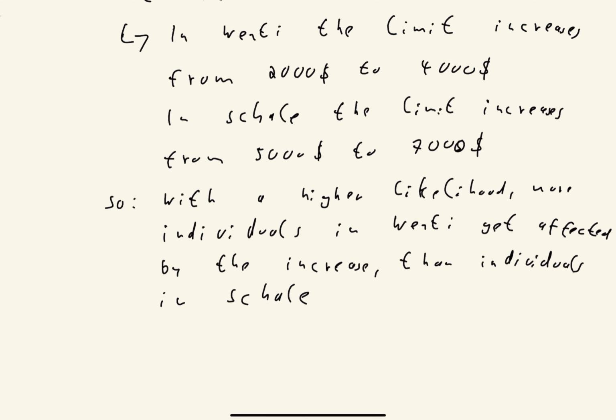So basically this increase of $2,000 induces a relative price change for more people in Venti than in Shale, and therefore it induces people in Venti to increase their savings more than people in Shale.